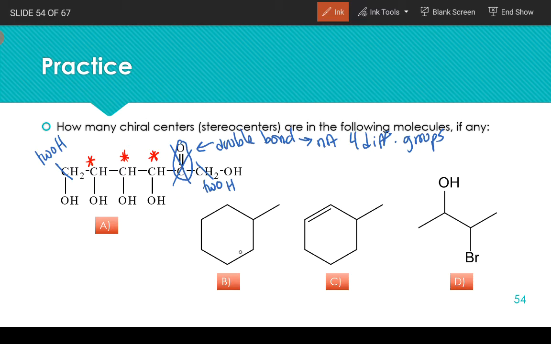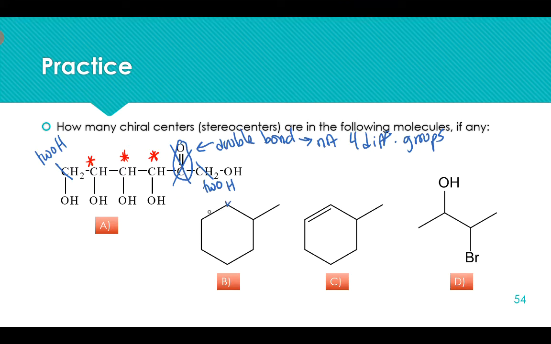If I look at this, I have to remember that there are implicit H's at each of these vertices, so that each carbon has 4 different groups. That means that all of these points are going to have 2 H's.